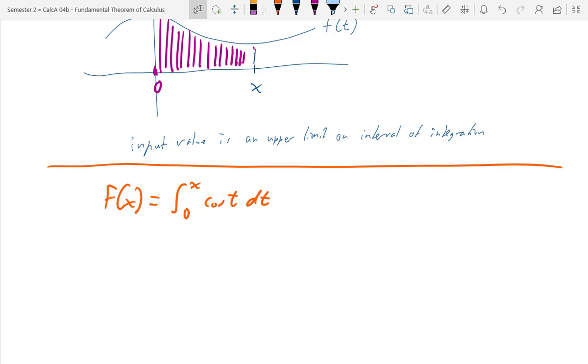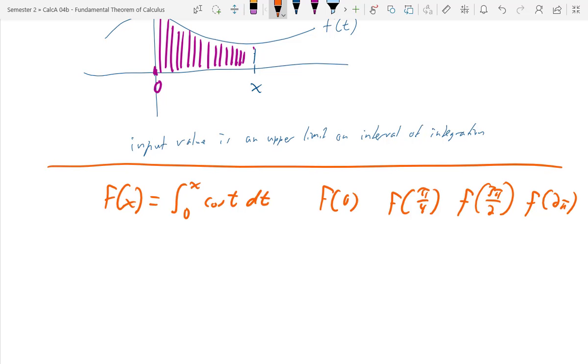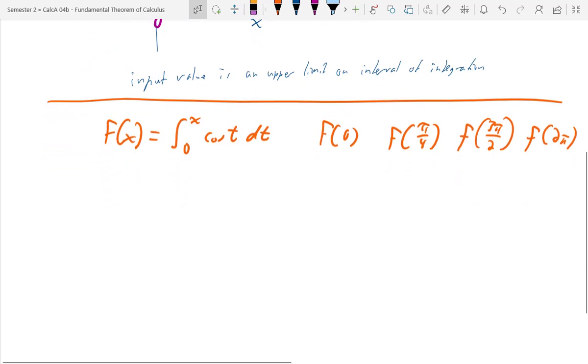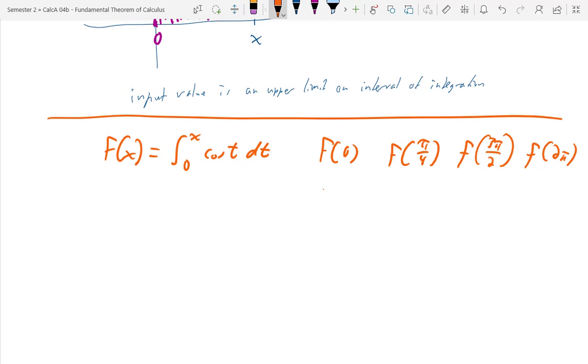Okay, back to this. What I want to figure out is these different values. We're going to do a t-chart. I want to find F of 0, F of pi over 4, F of 3 pi over 2, and F of 2 pi. Now, you can do this in one of two ways. For instance, I can just do x and capital F of x here.